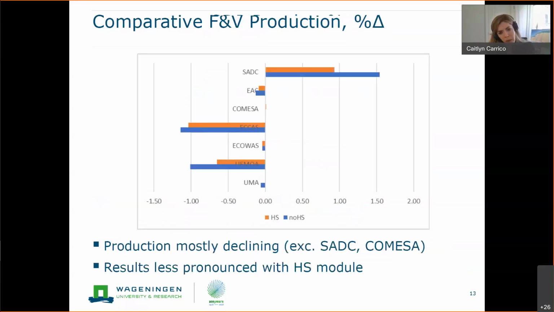Okay, and also we can look at the production results. Okay, and here we see that actually production is mostly declining, except for SADC and also COMESA. So COMESA has very, very slight positive production. So what we do see, though, again, is that the results are less pronounced with the HS module.